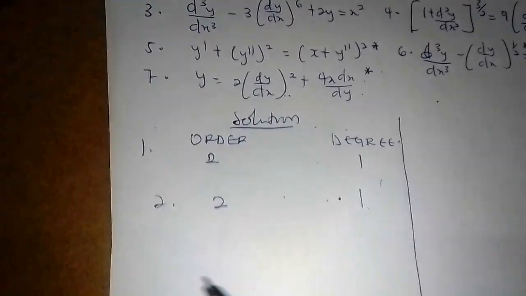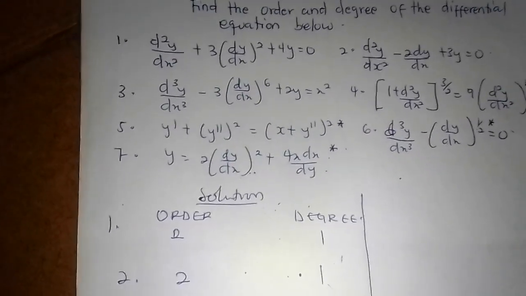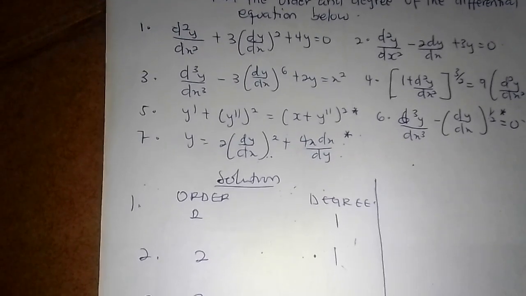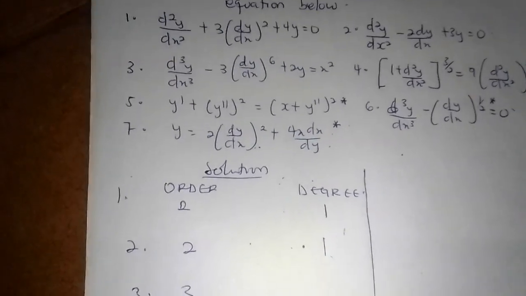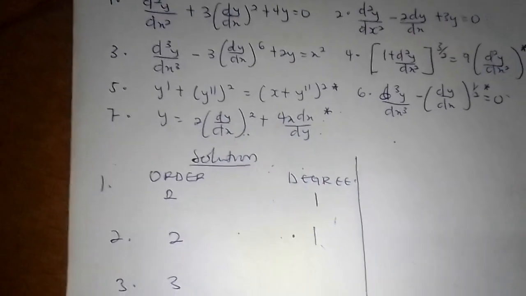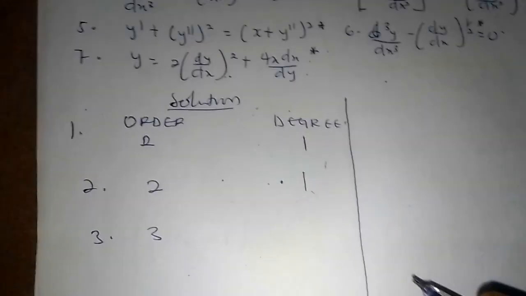So under the order you write number 3, the order is 3. Then let's see that of the degree. If the order is 3, what is the power to which d cubed y over dx cubed is raised? It has no power here, meaning the power is 1. So the degree is simply 1.